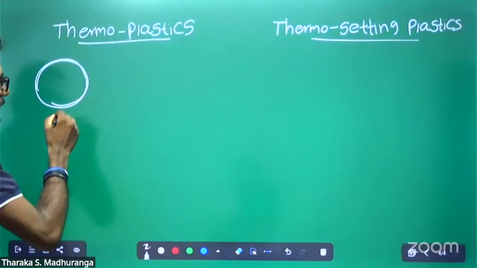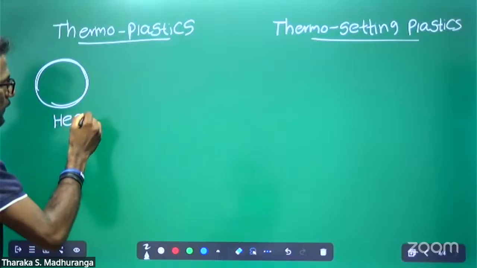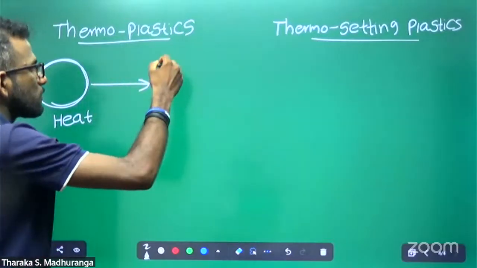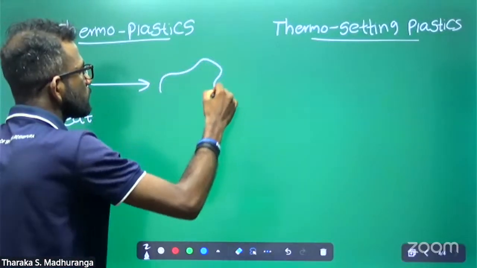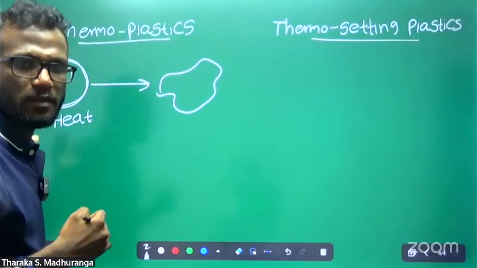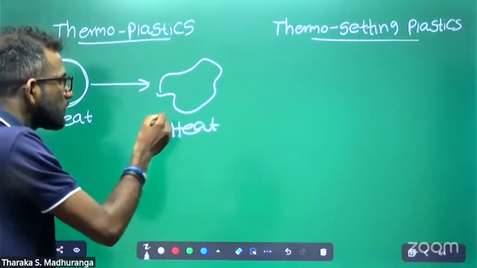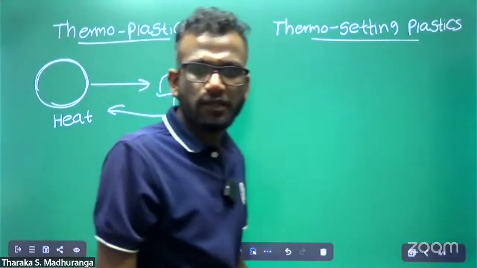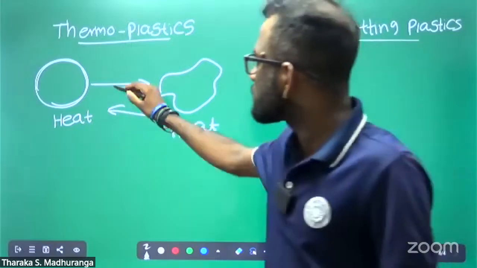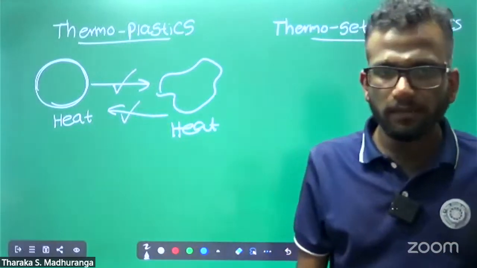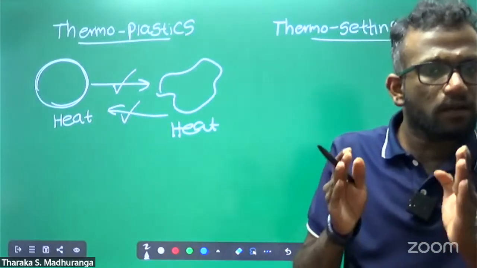By heat, we can deform it into this type of deformation. Heating again, we can convert it back to the previous shape. It is possible, both ways. That's a thermoplastic polymer type.